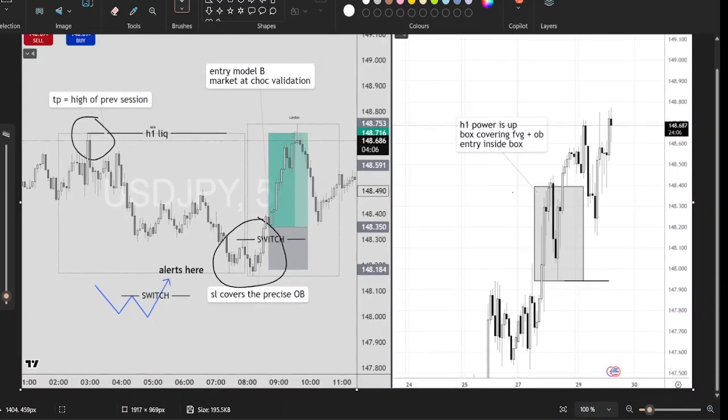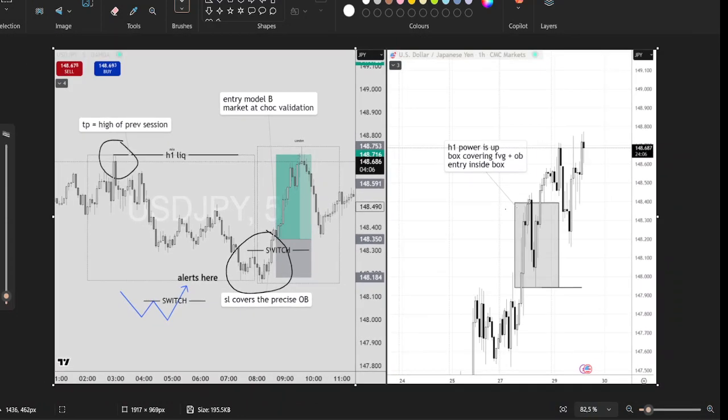So here, this is the Model B image. I'm not sure if I published the video yet, but I'll have a look at that. So the idea is one block of energy in time. For example, let's say the Asia session before London starts.